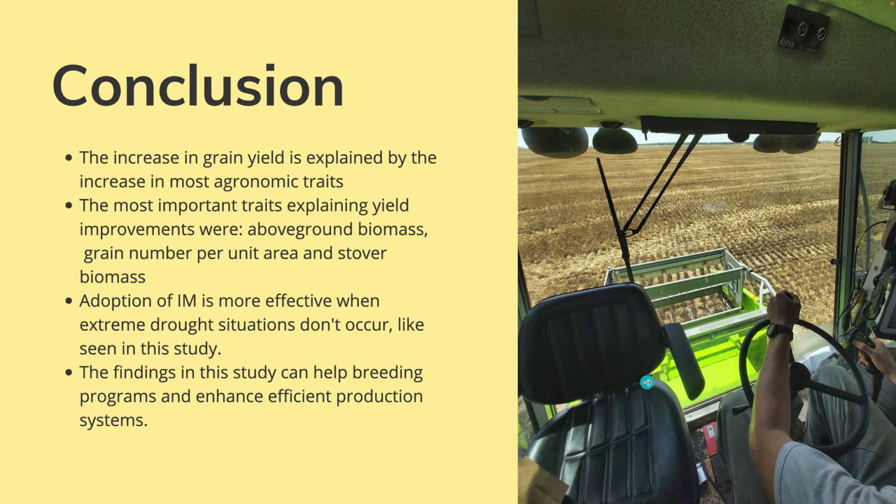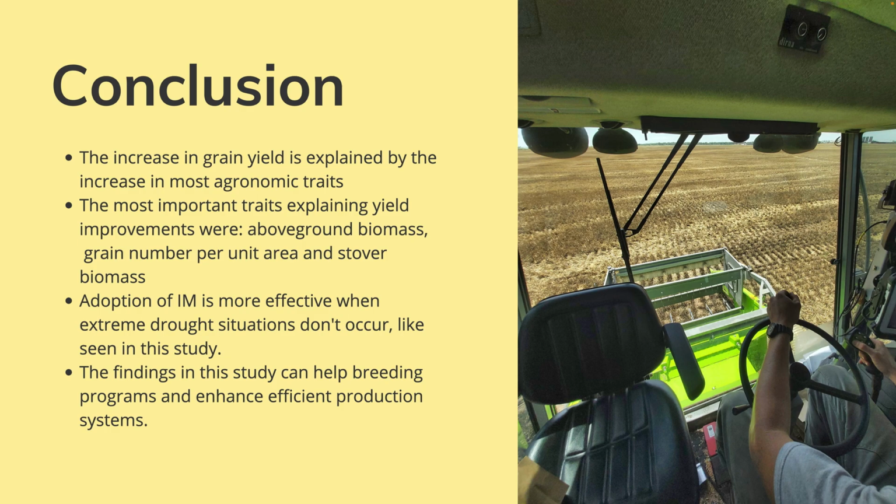Conclusion. The increase in grain yield is explained by the increase in most agronomic traits, as we saw here. The most important traits explaining yield improvements were above ground biomass, grain number per unit area, and stover biomass. The adoption of intensive management is more effective when extreme drought conditions do not occur.